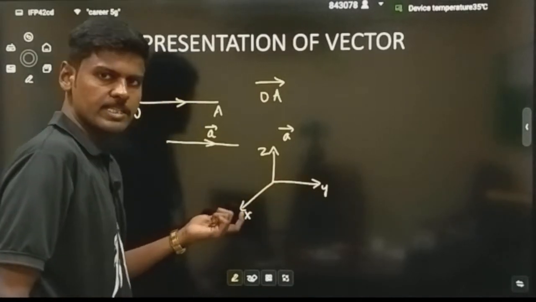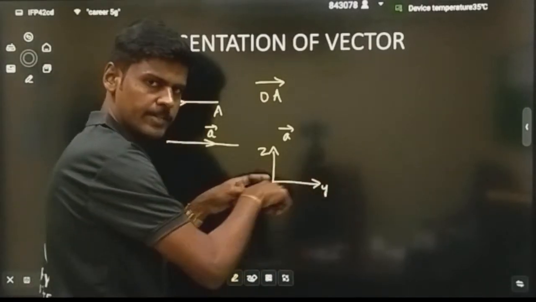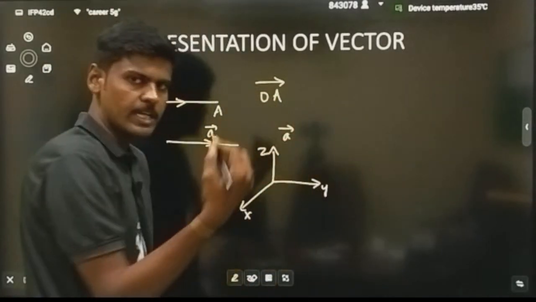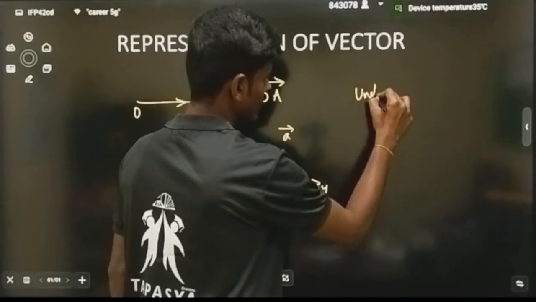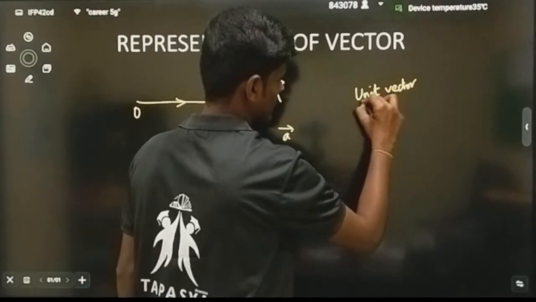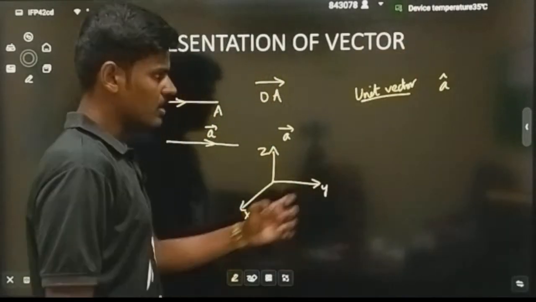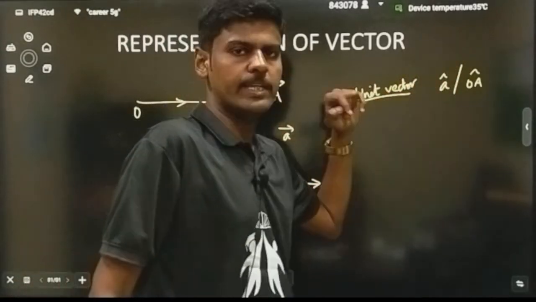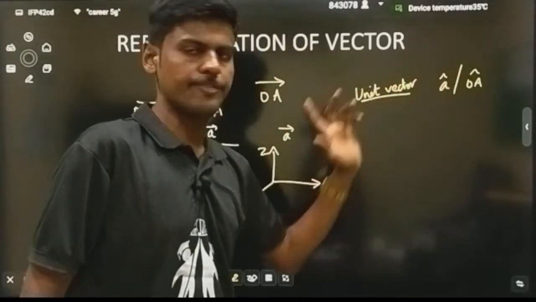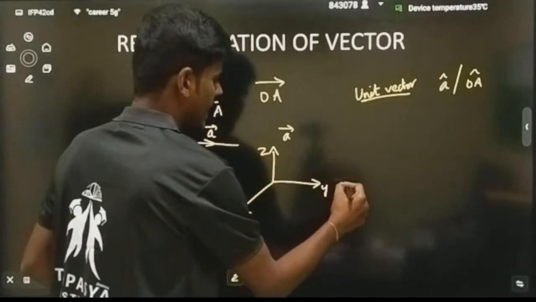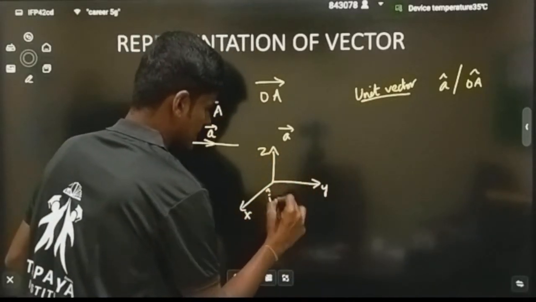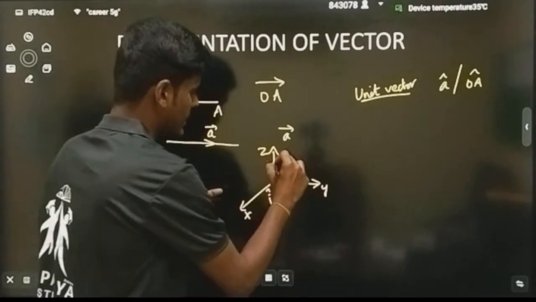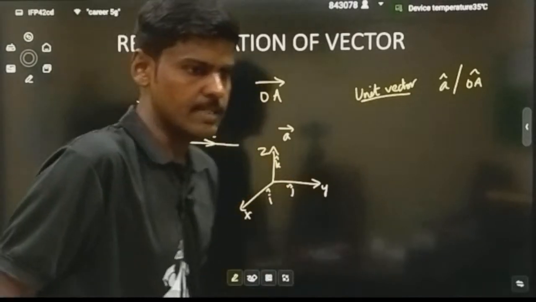Let i be a unit vector in this direction, j a unit vector in this direction, and k a unit vector in this direction. Generally, a unit vector is represented by A cap or OA cap. This cap means it is a unit vector in the direction of vector A. That is the meaning of it, right? So here, i cap is a unit vector in the direction of x, j cap is a unit vector in the direction of y, and k cap is the unit vector in the direction of z.